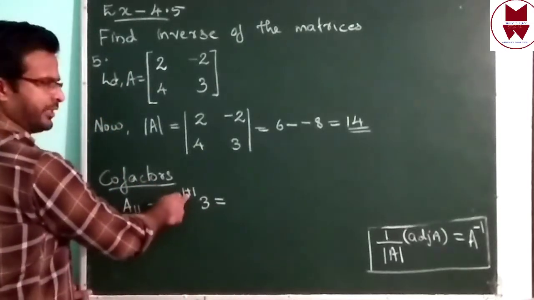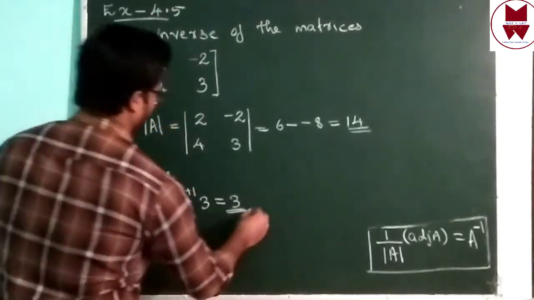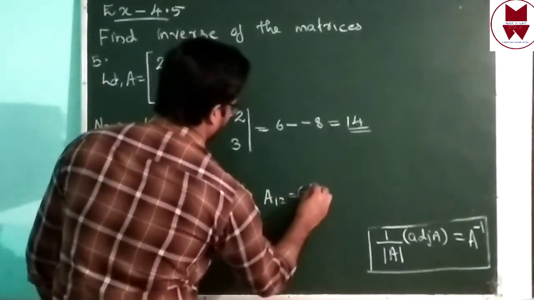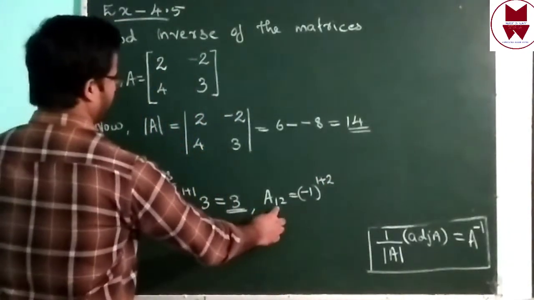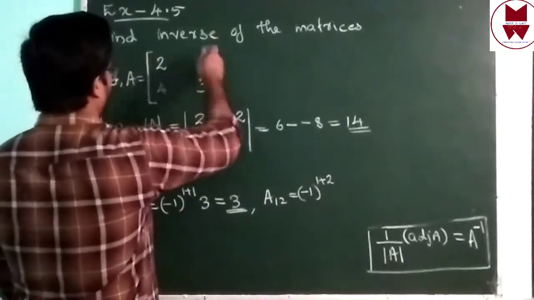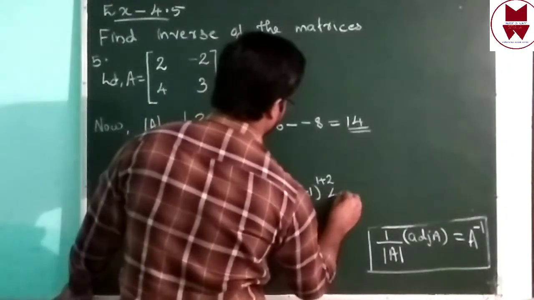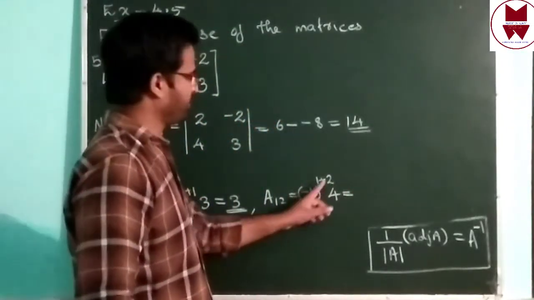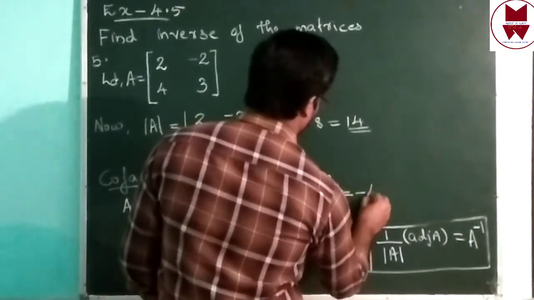Minus 1 all square is plus 1, into 3, equals 3. Next, A12, minus 1 all raised to 1 plus 2. First row and second column deleted, then remaining 4. Minus 1 all cube is minus 1, into 4, equals minus 4.